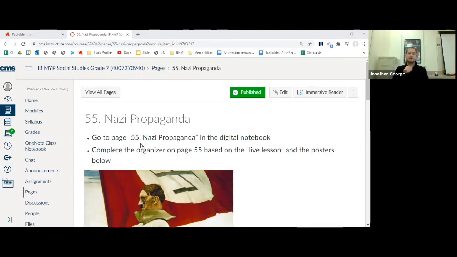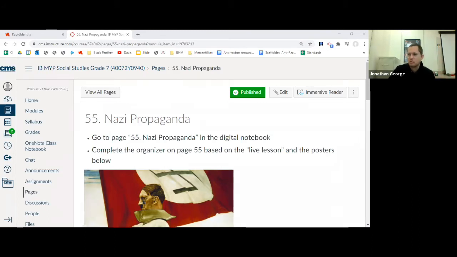So what you're going to see on page 55, if you're looking at yours right now in your digital notebook, you're going to see poster 1, then you're going to see an organizer. If you look at the first letter of each of those categories, time, actions, captions, objects, and summary, it's going to spell out the word tacos.